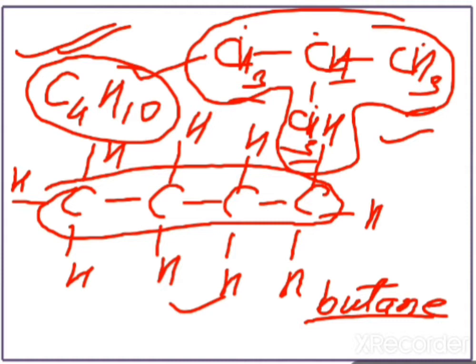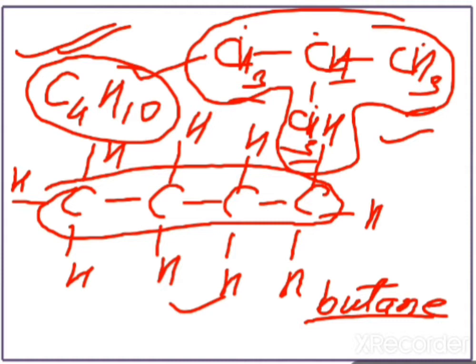These are the isomers and the phenomenon is called isomerism. So what is isomerism? When two compounds have same molecular formula, these are isomers, and this phenomenon is known as isomerism.